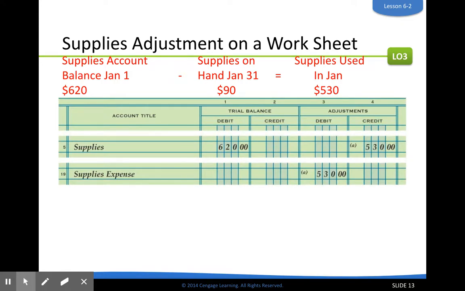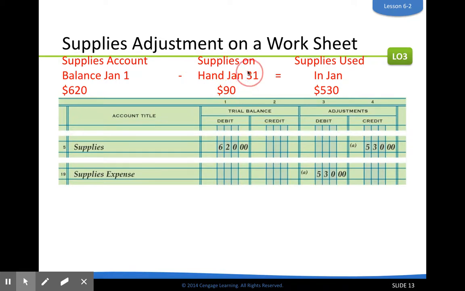At the beginning of January, we had $620 of supplies. Someone went through at the end of January and counted up all the papers, pencils, and pens that we had, and we actually only had $90 at the end of the month.